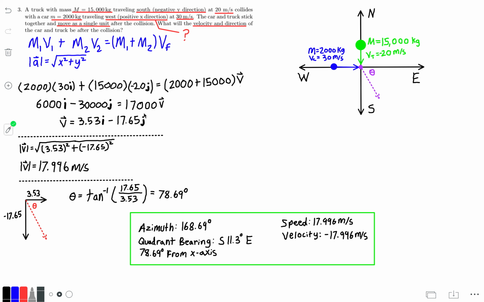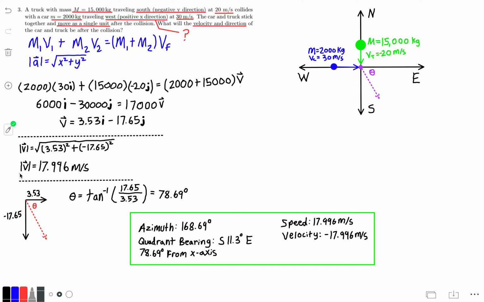So when solving this equation, we can just go ahead and simplify and then divide by the two masses here for each, and we're left with this vector right here. And using this vector, we can calculate its magnitude with this equation that we were talking about above here. So this vector right here actually gives us a magnitude of 17.996 meters per second.